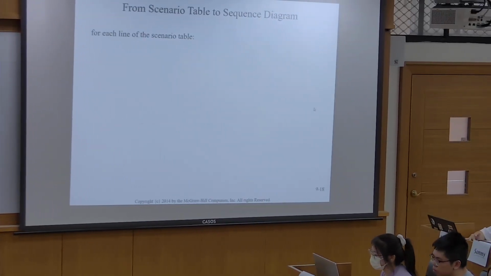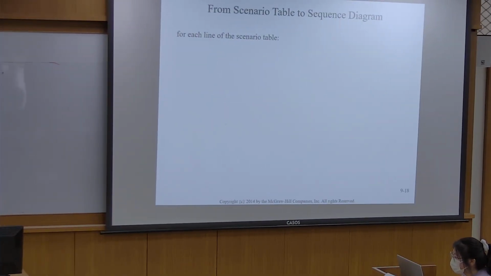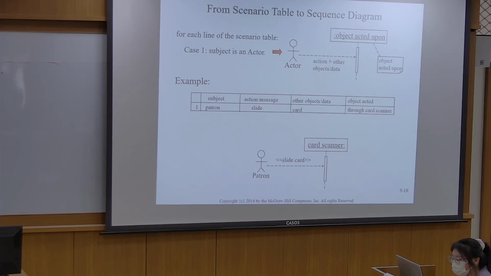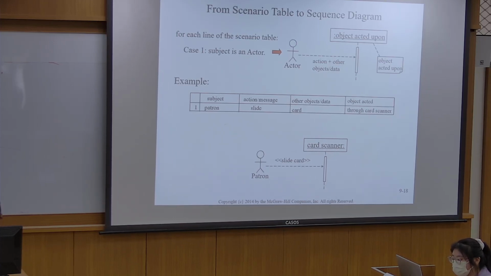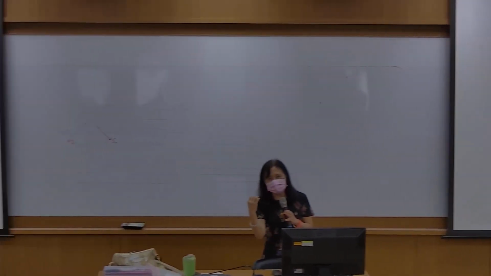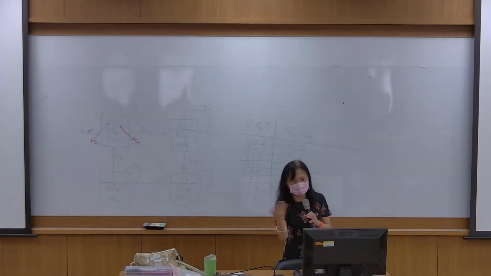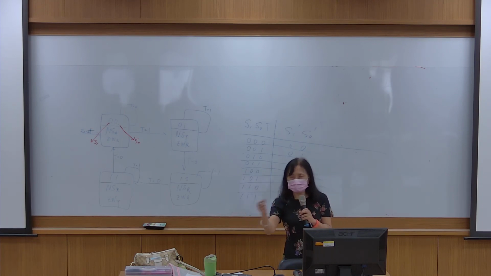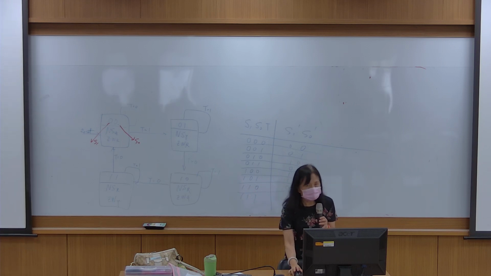So let's review what we just said. The interaction could be an actor, right? Actor wanted to do something. So here, actor communicates with the interface. We can draw a sequence diagram to see what the actor is going to do.